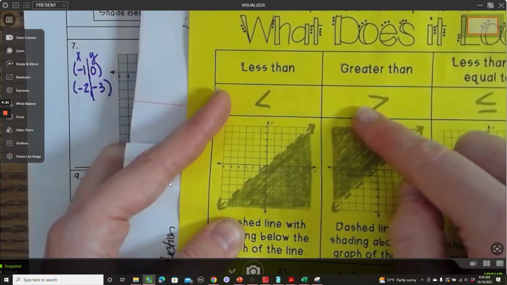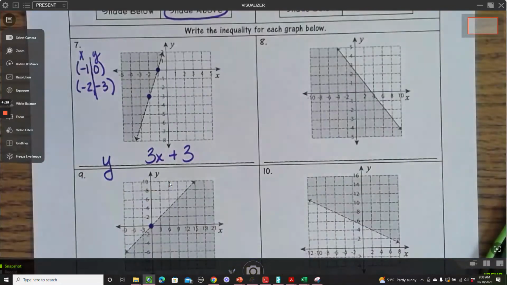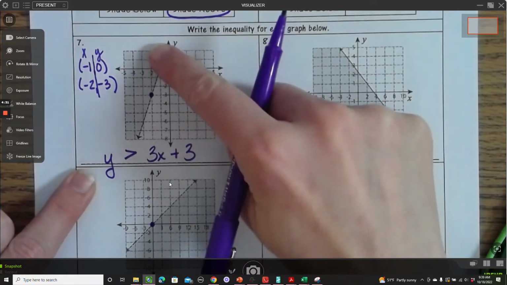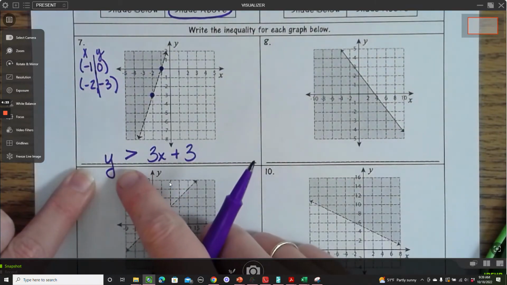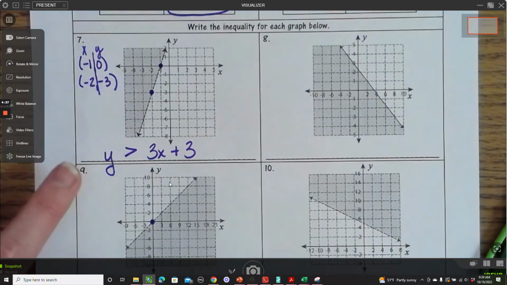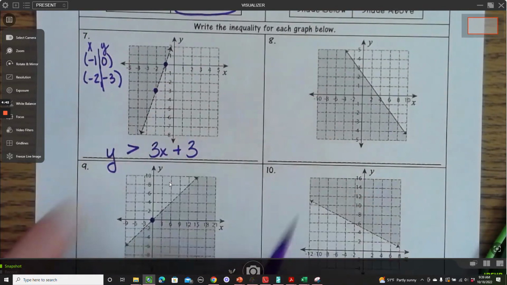You can match it up and that'll help you pick your symbol. So I need the greater than sign. Other ways you can go about it, since it's dashed, you know it's not going to have the line underneath it. Again, if it's above the line, then it's greater than. If you shade below the line, it's less than.